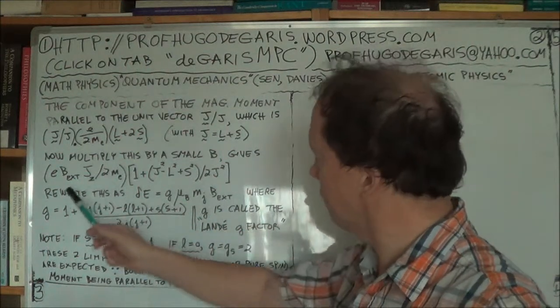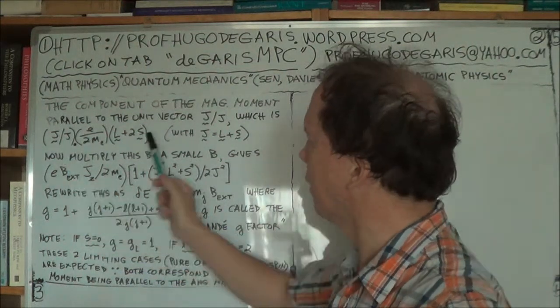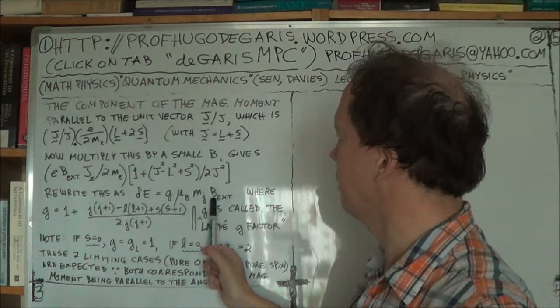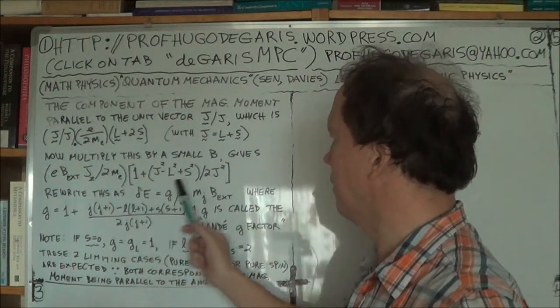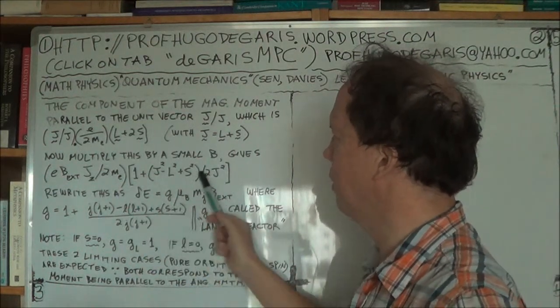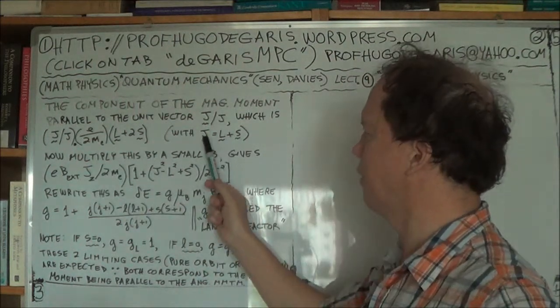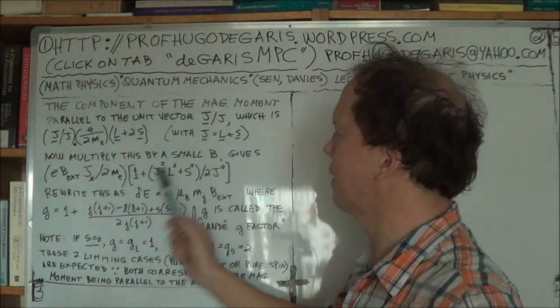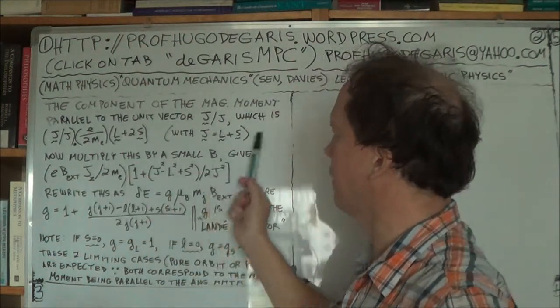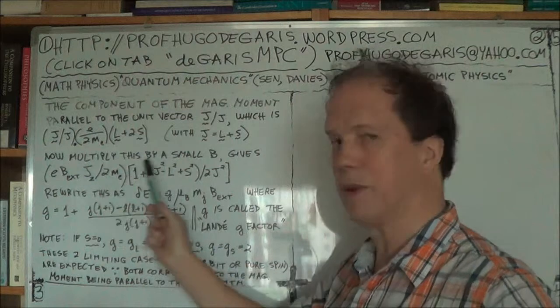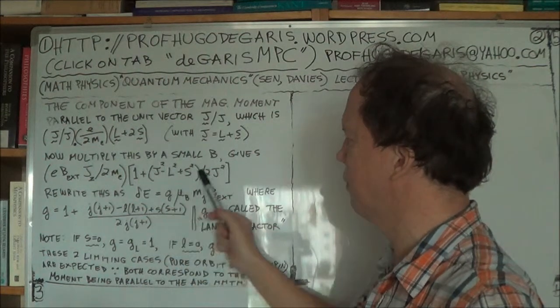So now just multiply this by your B, and you've seen this sort of thing before. If your J is just, think of it as a vector, L plus S, so you're multiplying this by L plus S. You can do this as a bit of homework if you want. We've seen this kind of thing before.